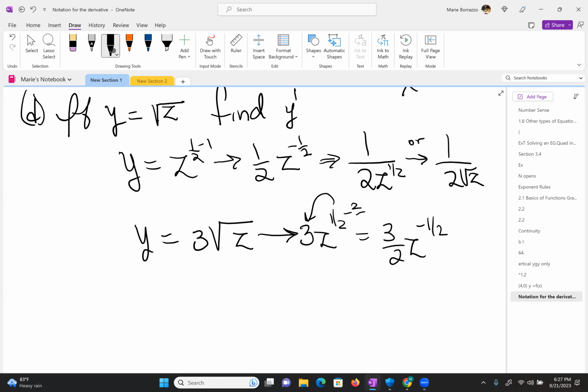That means I'm subtracting 2/2, which is going to give me the negative 1/2. And if I restructure this, remember, I want to bring this below the fraction bar. So it becomes 3/2 square root of z, basically. Or I can restructure this as 3/2 z to the positive 1/2. Either or gives you the same answer.